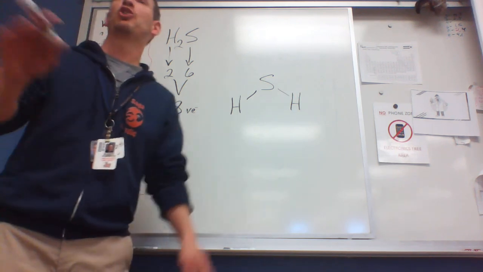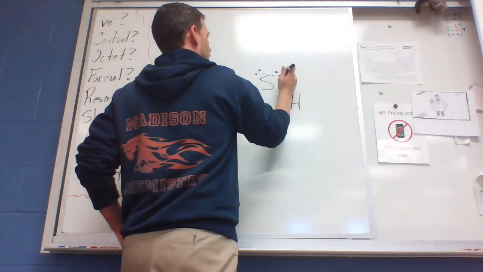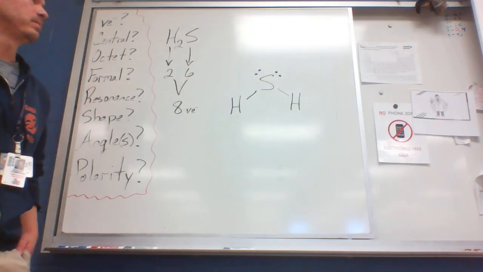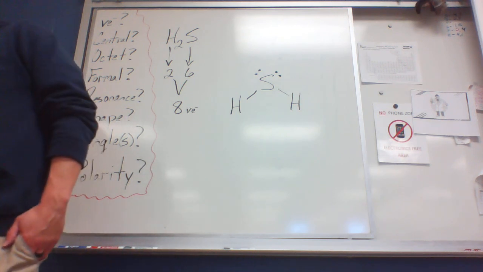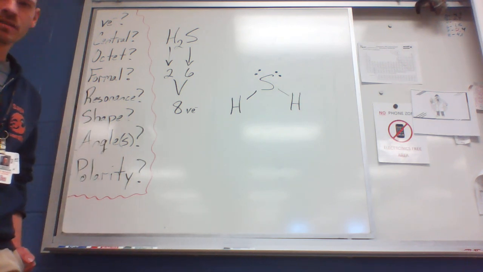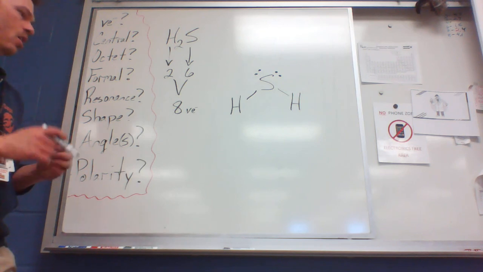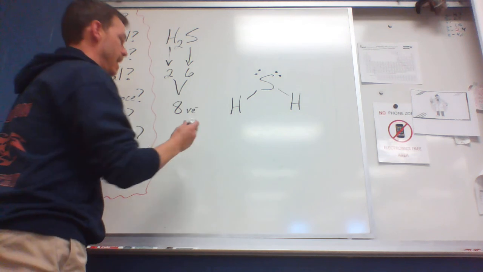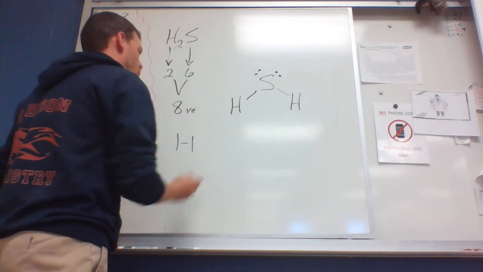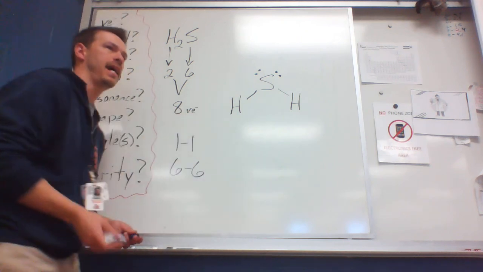Octet rule, the hydrogens are good. Remember, hydrogens only want 2, but sulfur needs some more. So now we are sitting at 8 total. That's good. We can check our formal charges, and you'll see that hydrogen is at 1 minus 1, sulfur is at 6 minus 6, so that's great. Everything is 0.